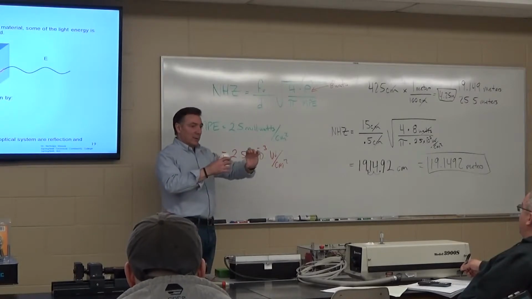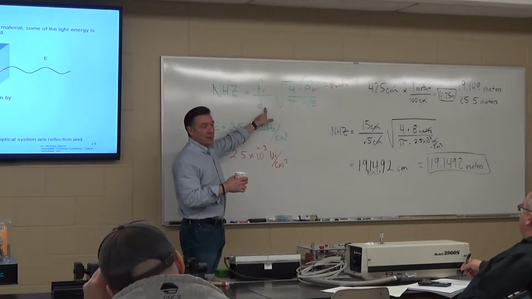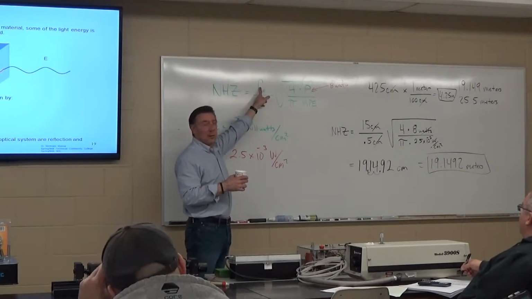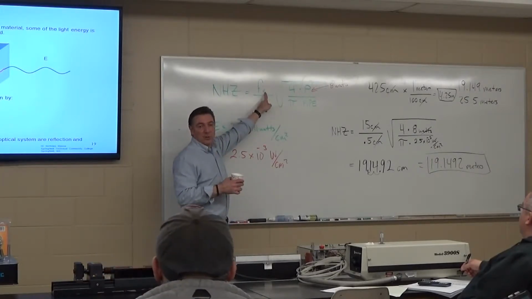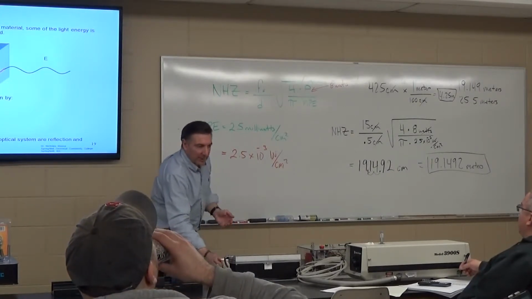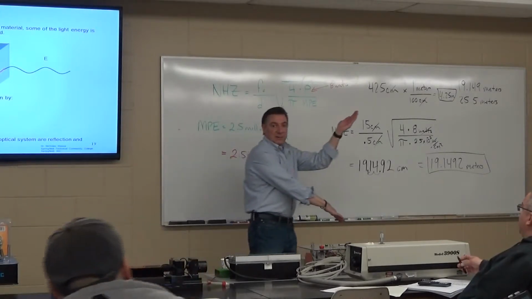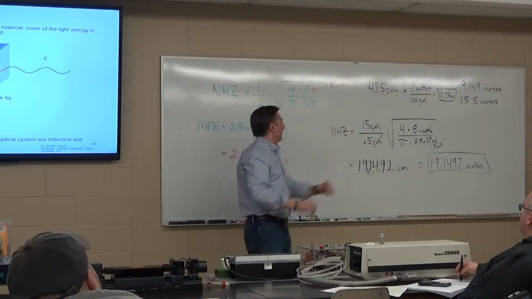If you make the diameter of the beam bigger, just by looking at the equation, anything divided by a bigger number creates a smaller number. Or I can make the focal length smaller. If I have a shorter focal length lens, that means the light's going to come to focus a lot faster, but it's also going to diverge a lot faster. So it's going to spread out faster.